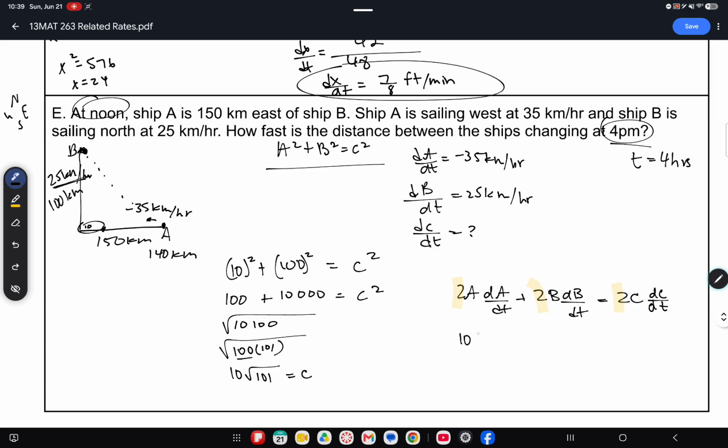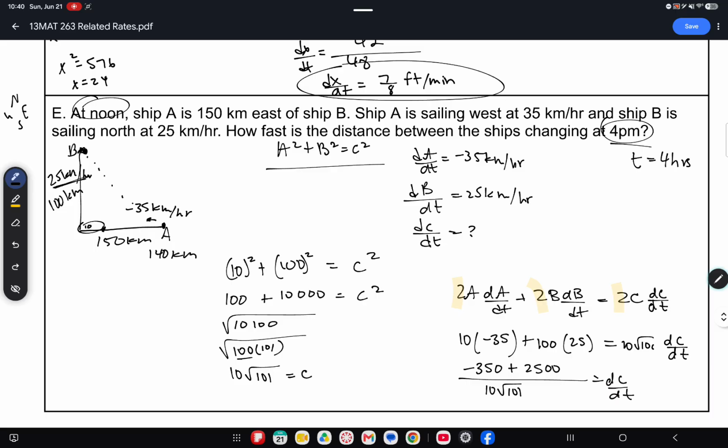So a is 10, dA dt is negative 35, b is 100, dB dt is 25, c we just found was 10 times the square root of 101, and we're finding dc dt. So let's see what we can do here. That's going to be negative 350 plus 2,500 all over 10 times square root of 101.